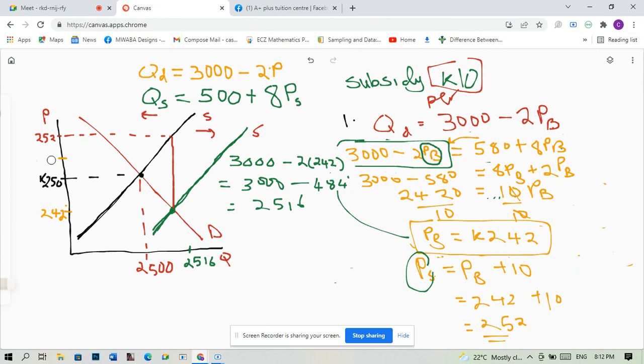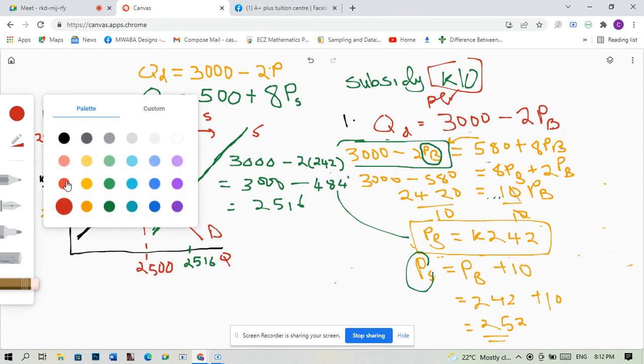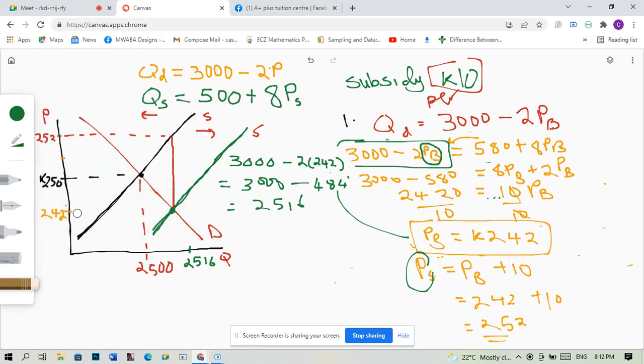Now, a tax brings revenue to government, but a subsidy is more like a cost to the government. So we want to find out how much this subsidy which they've enforced has cost the government, all right? So basically we're just representing this region here, this square here.